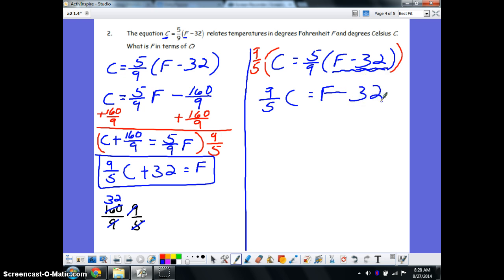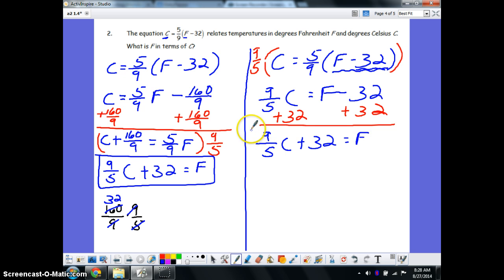And then to solve that for F, we add 32 to both sides, which leaves us with, we cannot combine these two because they're not like terms, so that's 9/5 C plus 32 is equal to F, which is what we got doing it the second way.